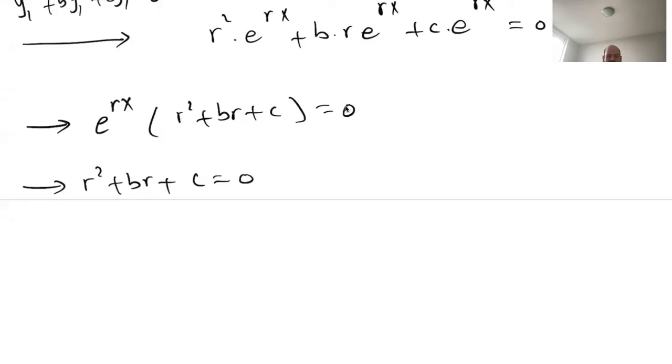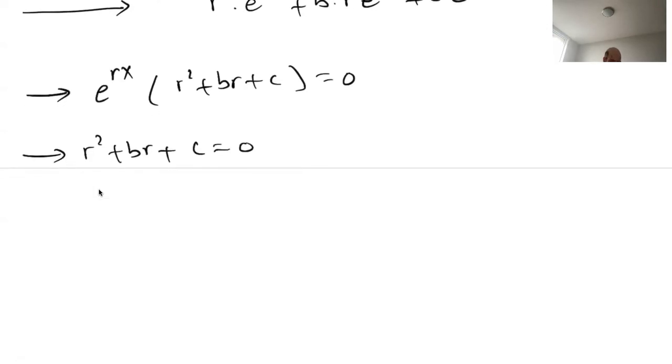Here I have a quadratic equation, which is not a differential equation. r here is a constant, and I have r squared plus br plus c equals 0. I want to find r. Basically, r is my unknown, and this is simply a quadratic equation. And we know how to solve a quadratic equation, which is using discriminants. And that's why the discriminant appeared earlier in my statement.